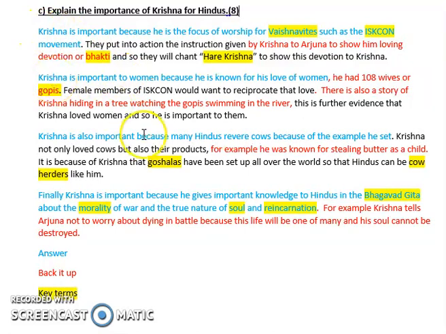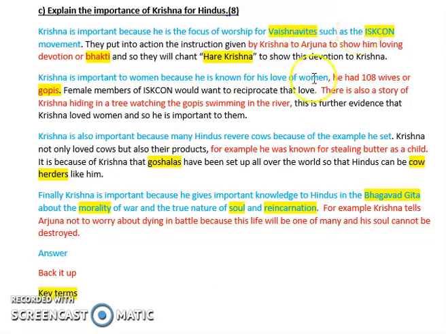Krishna is also important. And finally, Krishna is important. And I have done that deliberately so that I'm telling the examiner I have answered the question, you need to give me full marks. You will also notice the number of key terms that I have in each paragraph.